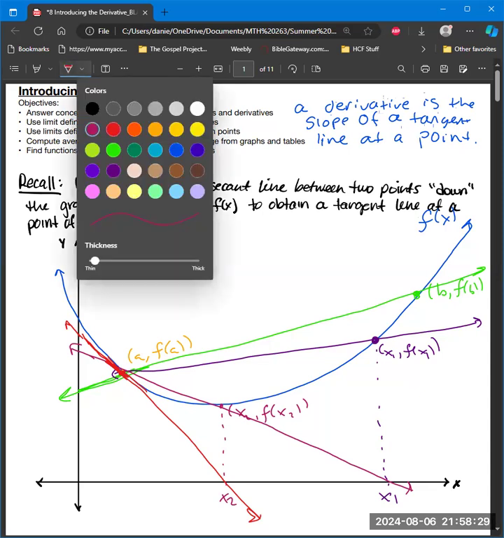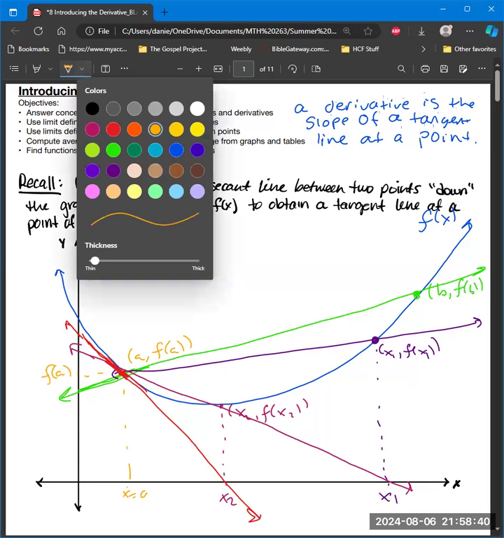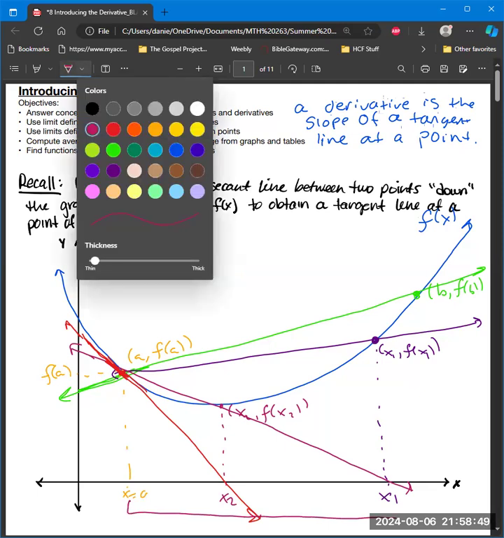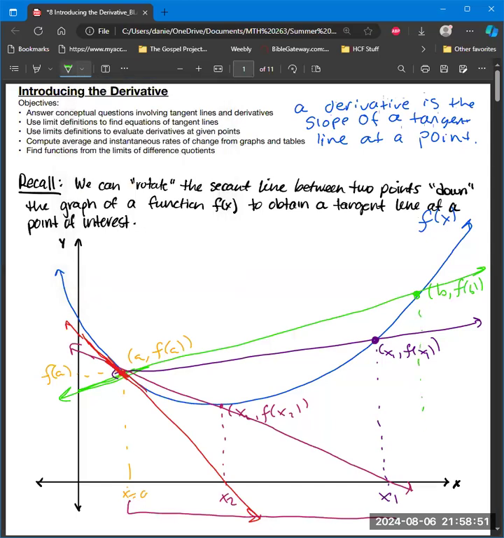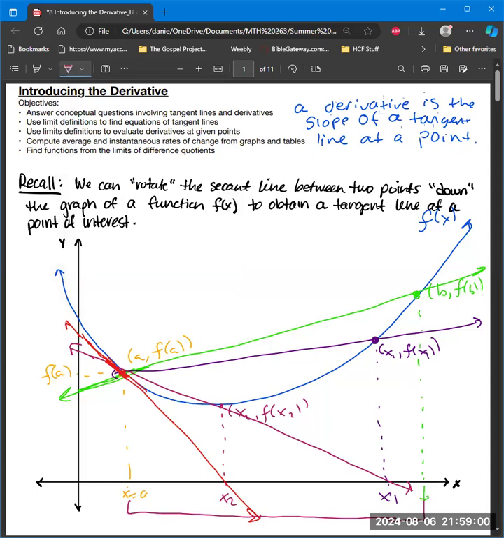So let's see here. We also want to say that this distance from x equals a, where we have f of a, to b, we want to call the distance between a and b h, because we want b to be equal to a plus h.